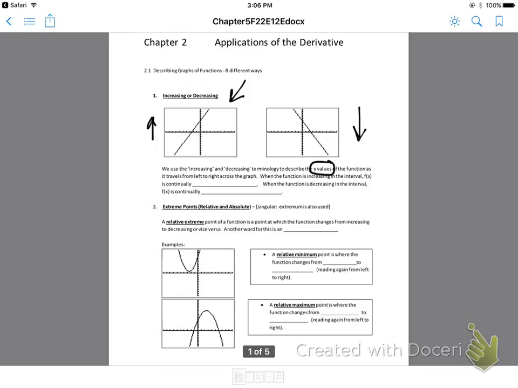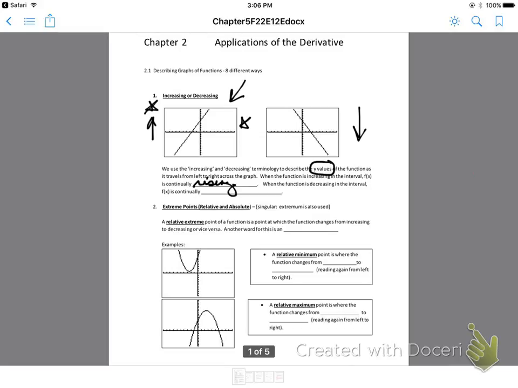So when the function is increasing in the interval, like it is in this first box, we say that the function is continually increasing. So you should write, well, let's say continually rising. We'll use the word rising instead. So it's continually rising.